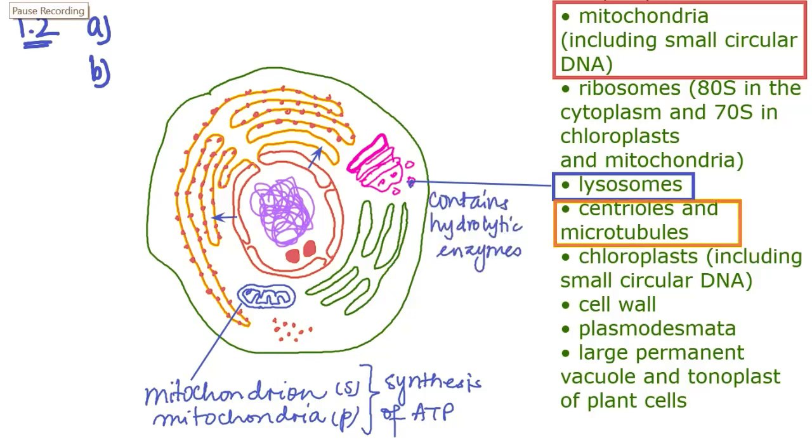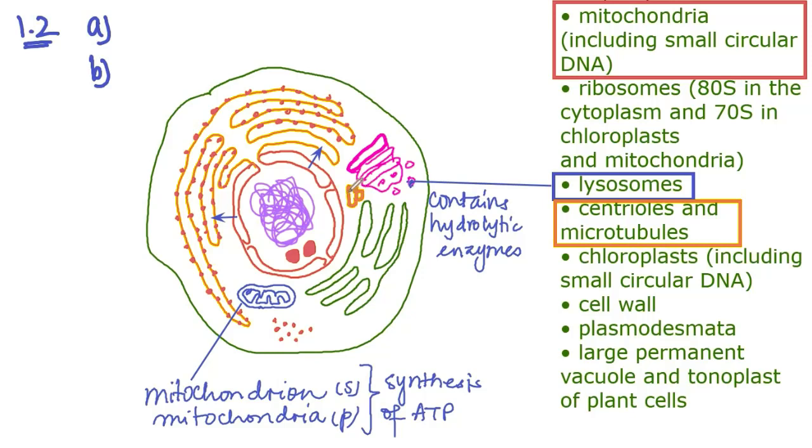Let's talk now about centrioles and the microtubules. These centrioles and the associated microtubules play a very important role in many functions in the cell, especially acting like a center where the microtubules are organized. So centrioles are also called microtubule organizing centers. A centriole is located very close to the nucleus, not inside it.